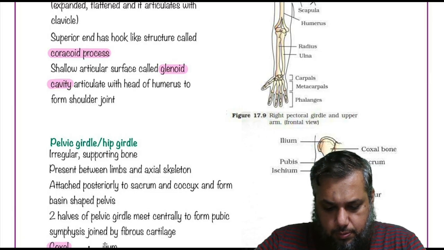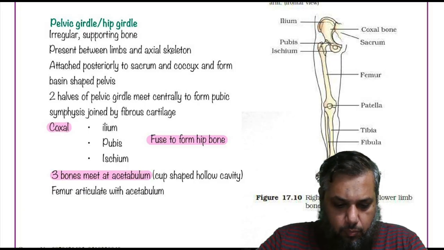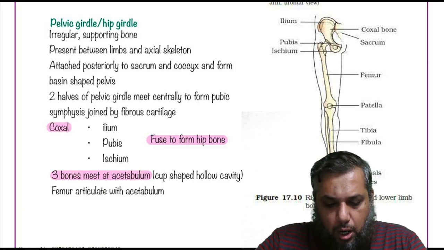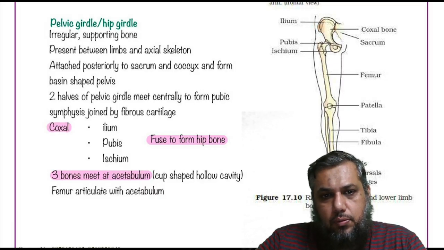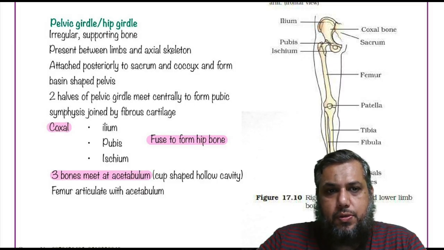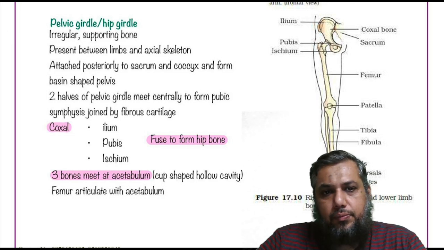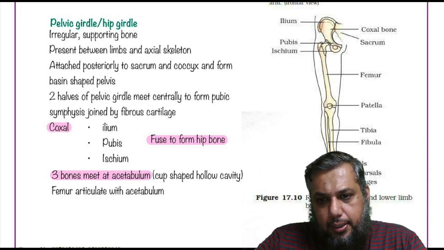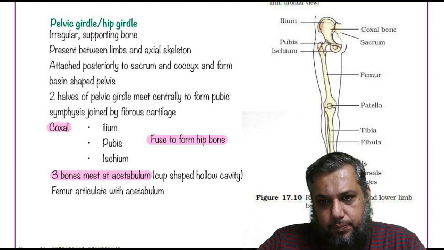Pelvic girdle, or commonly called the hip girdle, consists of two halves, or the two coxal bones, and each half is a fusion of three bones: ilium, ischium, and pubis. When the two pubic bones meet each other, there's a cartilage over there which forms the pubic symphysis.